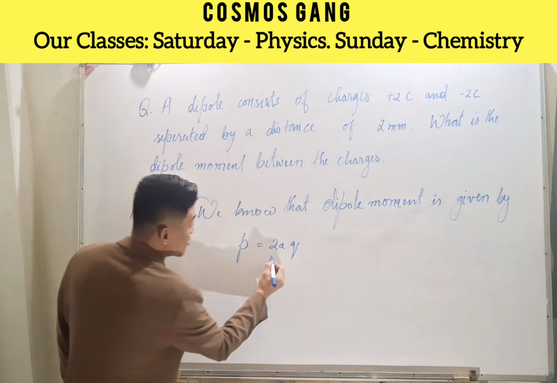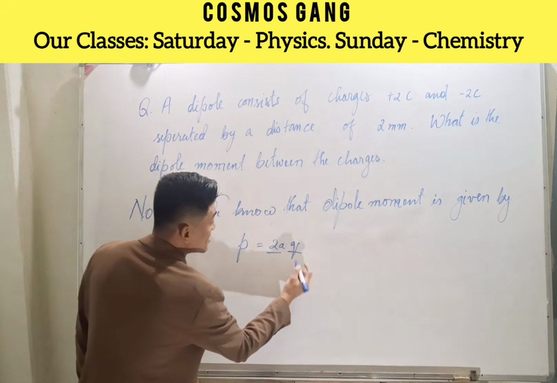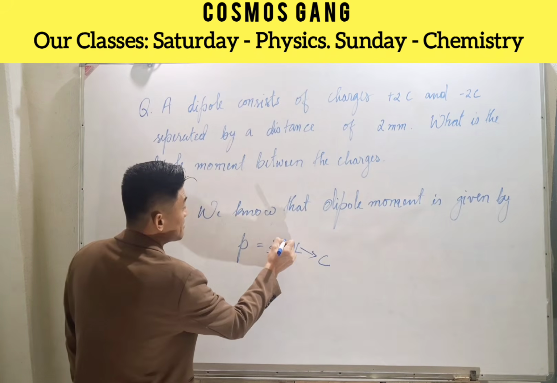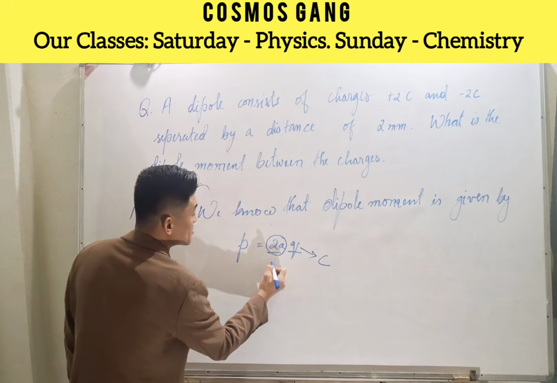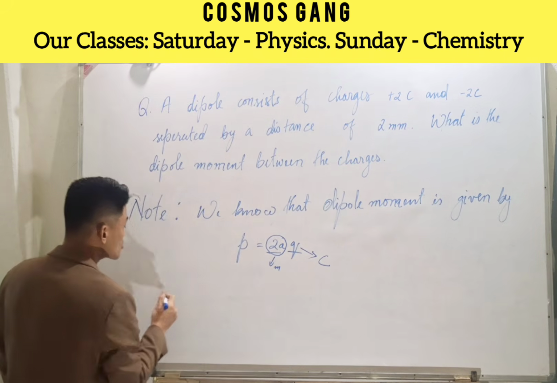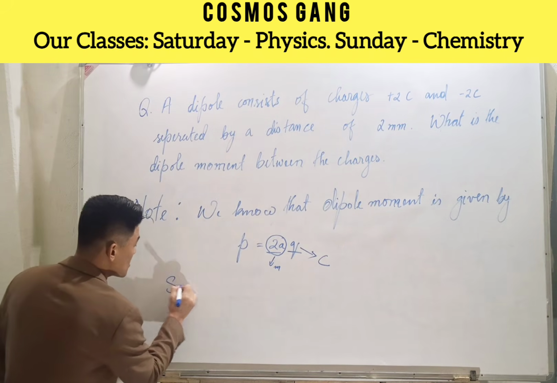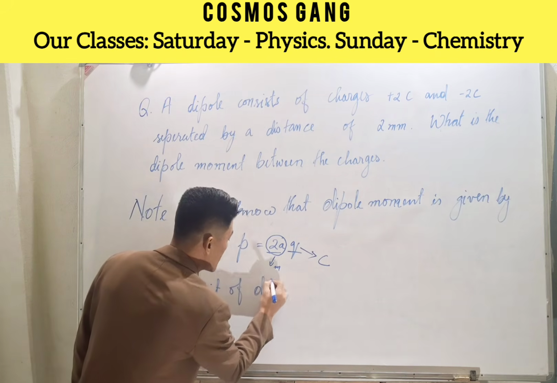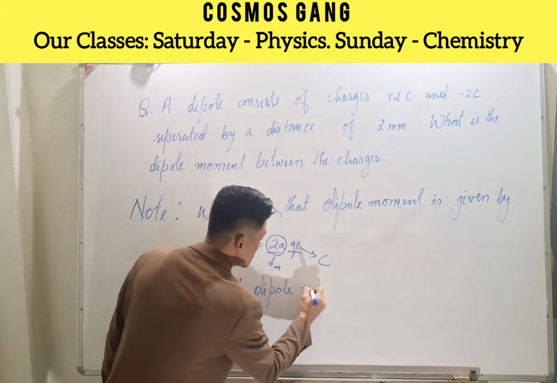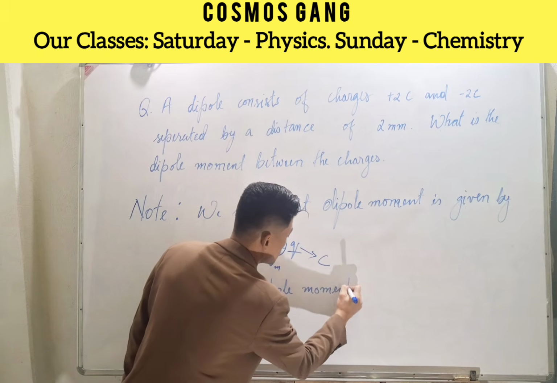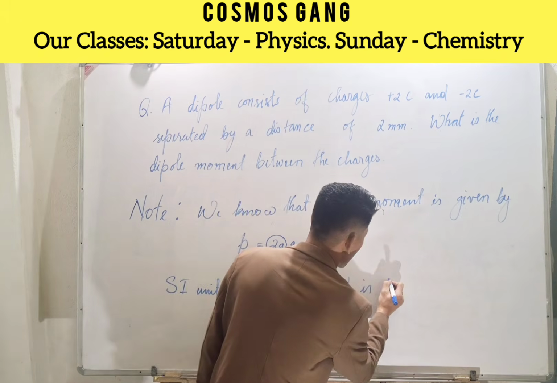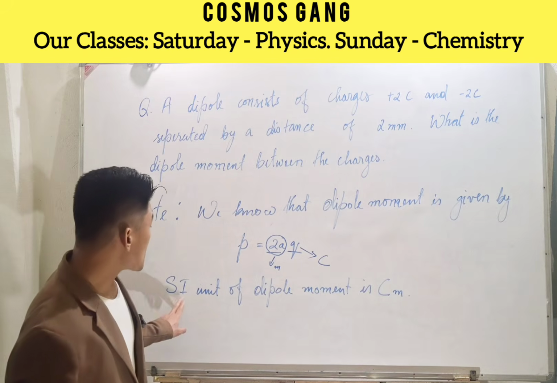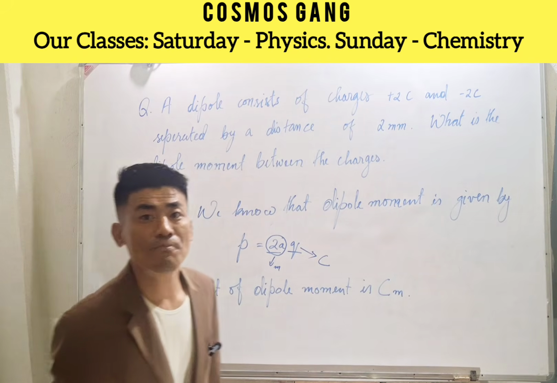So from here, I find that Q is measured in coulomb and distance is measured in meter. So my SI unit of dipole moment is coulomb meter. The SI unit of dipole moment is coulomb meter.